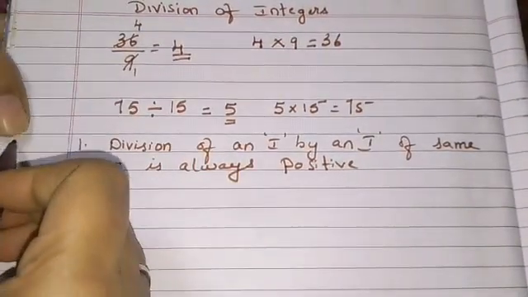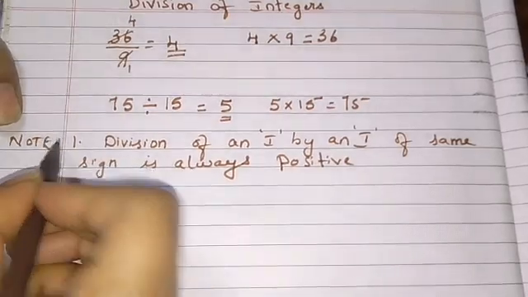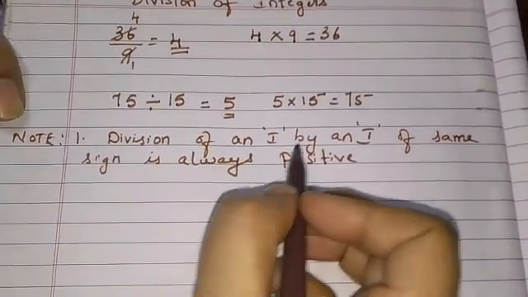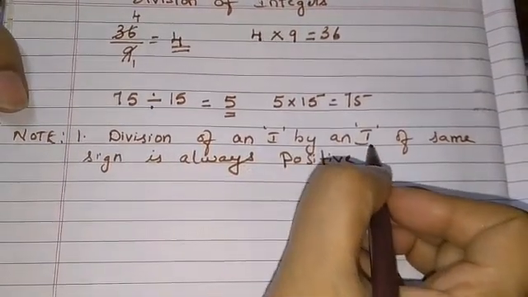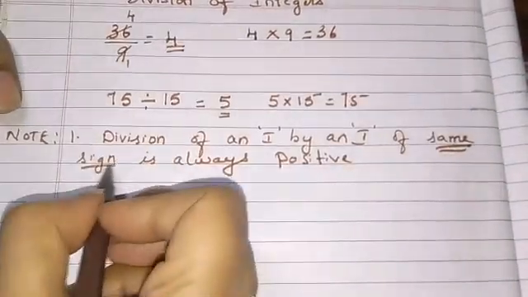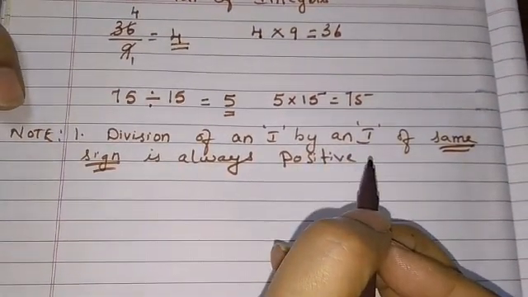This is the note number 1, which is very important that you need to remember. Division of an integer by another integer of the same sign is always positive.